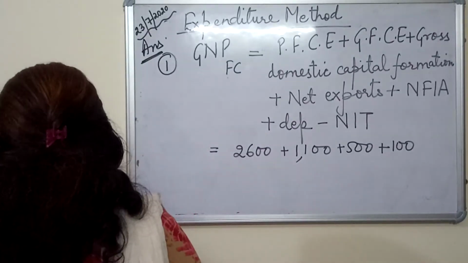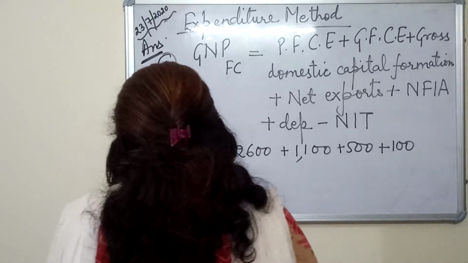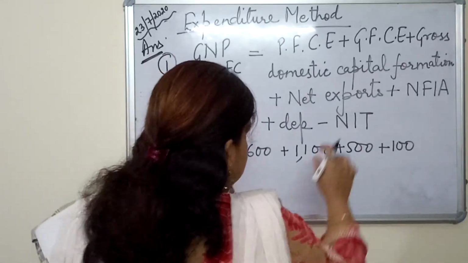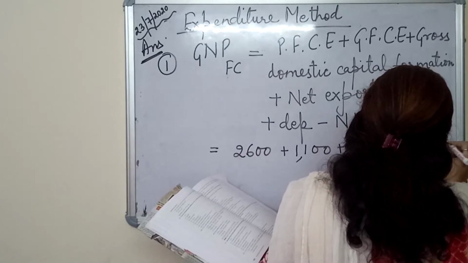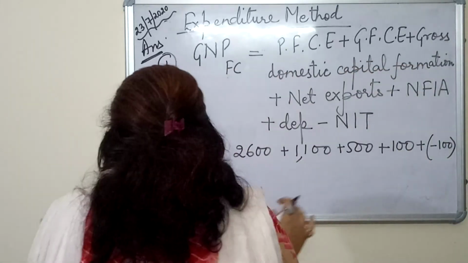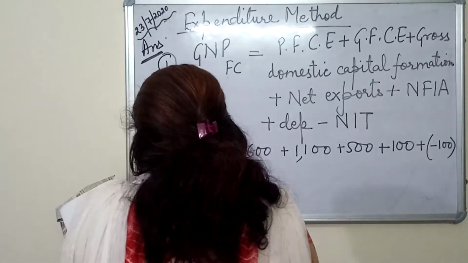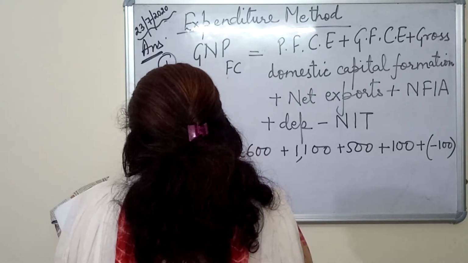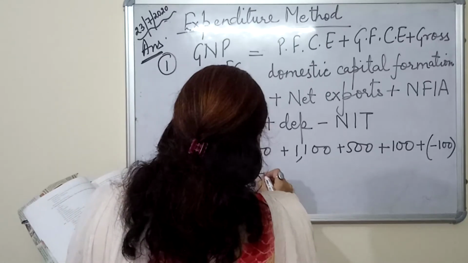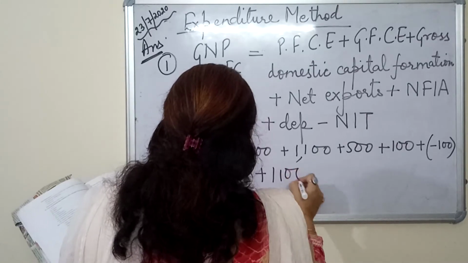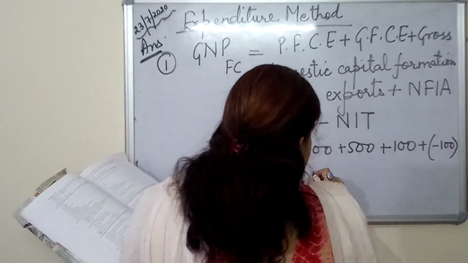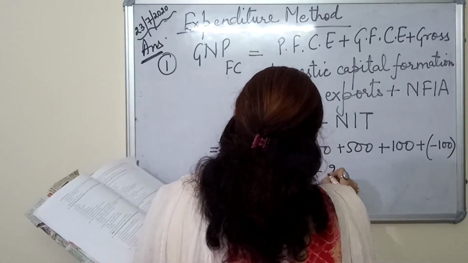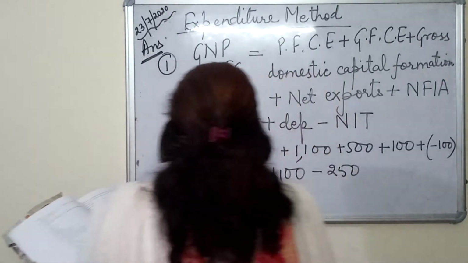Rent and interest are part of the income method. Net exports we are having plus, but exports are given in the minus term, so we are deducting the exports, minus 100. Profit is in the income method. NFI we have added as 1100. Now, net indirect taxes, we have deducted 250 in the question.